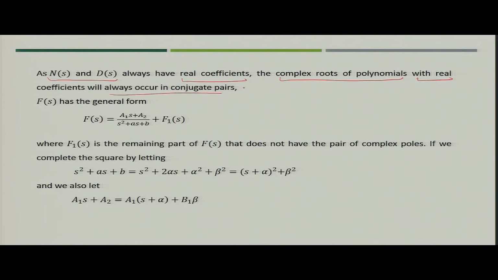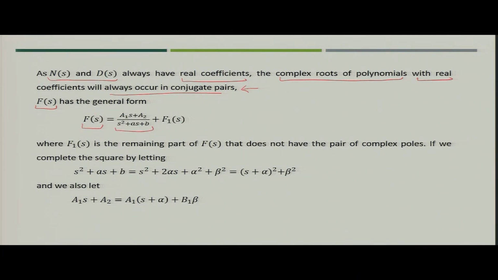We will keep this in mind and try to find the inverse Laplace transform of F(s). Suppose F(s) is given to you and you want to find its inverse Laplace transform.